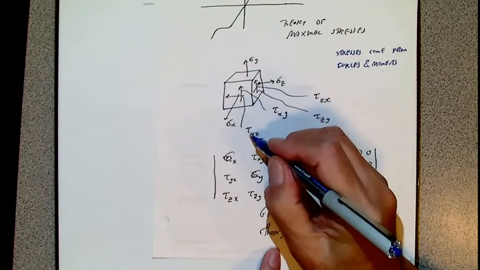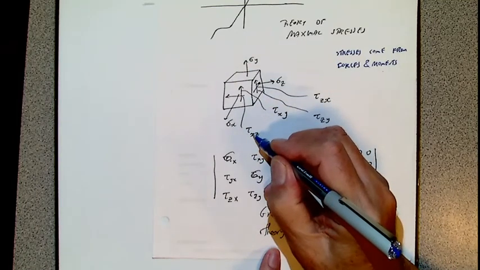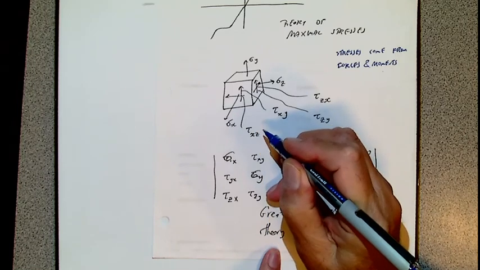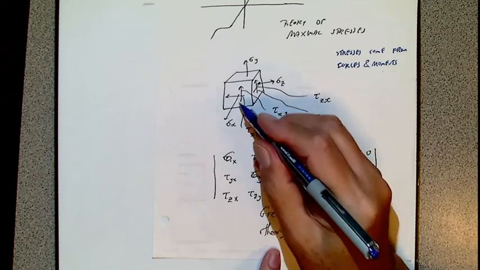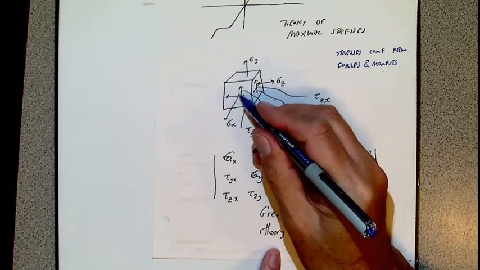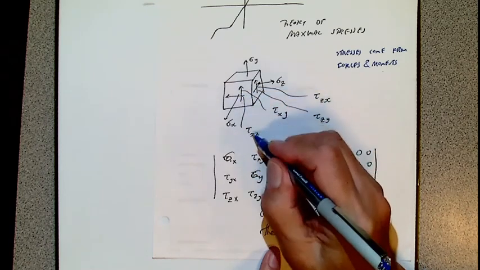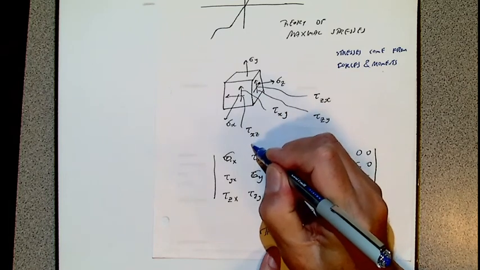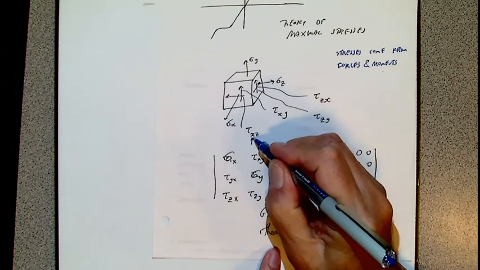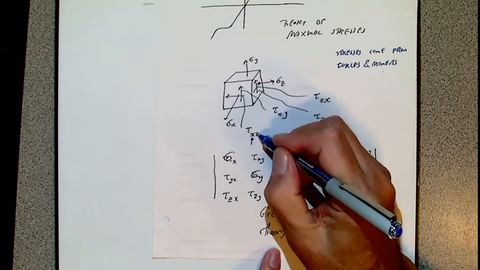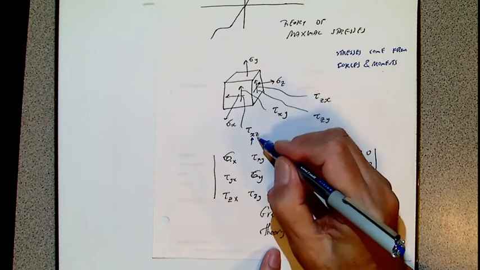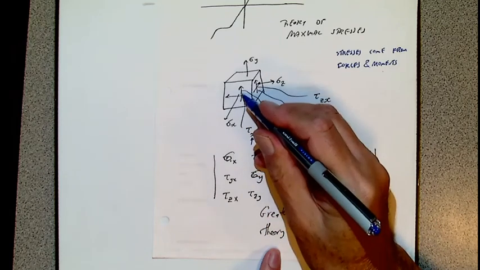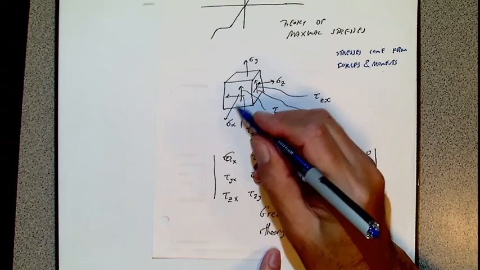We give an index. The first index is x, because these act in the face which is perpendicular to the x-axis. That is the first address. This is in the z direction. This is in the y direction. So tau xy, tau xz. Again, it acts in the face which is perpendicular to the x-axis.